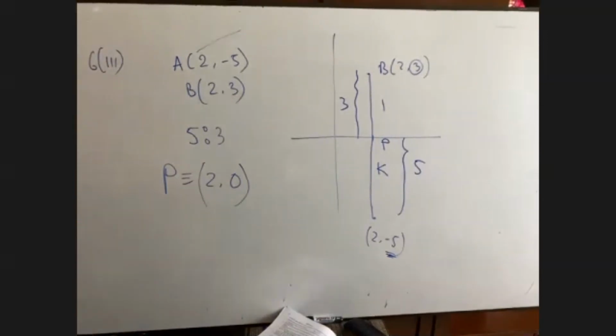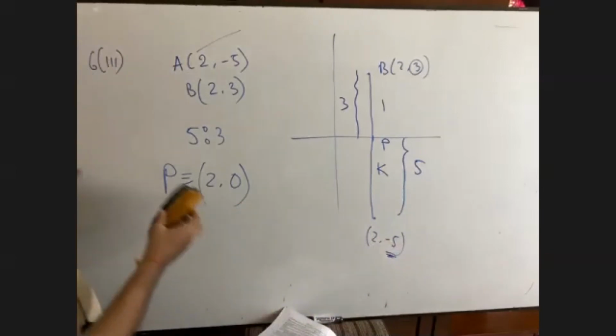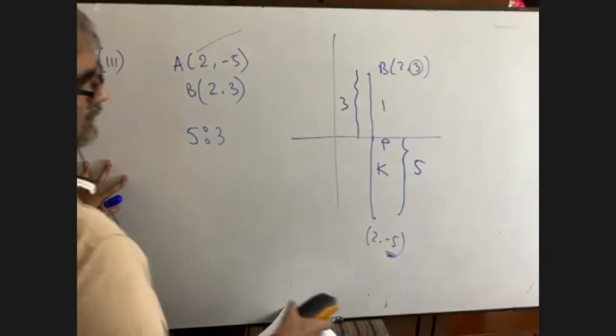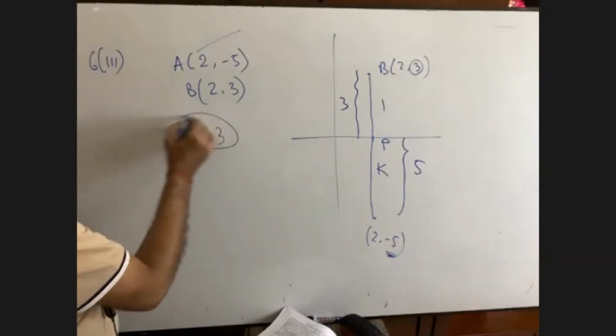Sir, I took K as 3/5, and still I got P as 20. That may be, that is immaterial. But your answer is this.